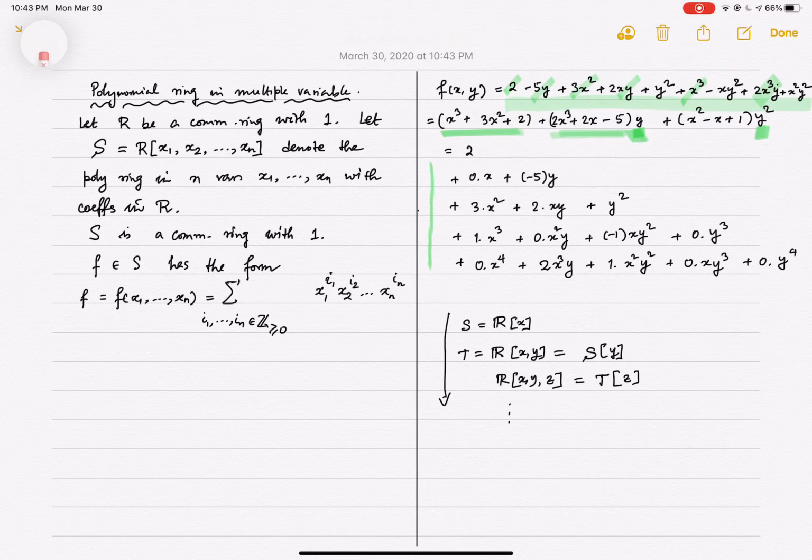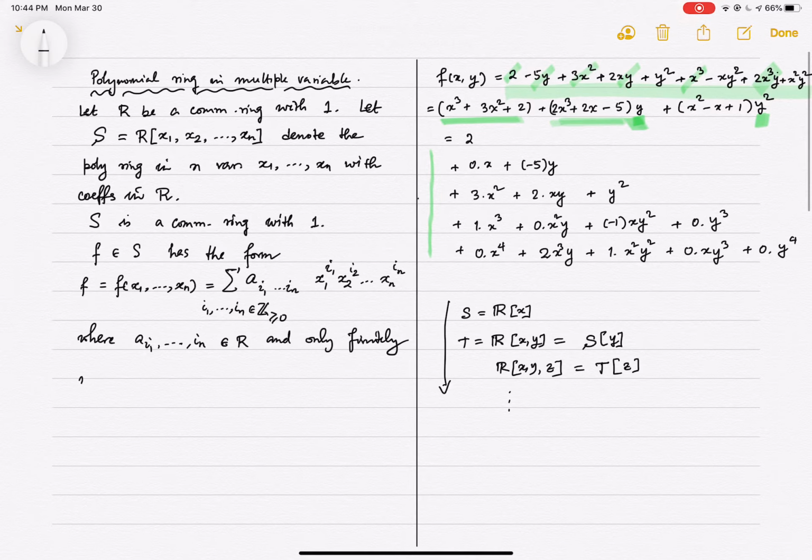And these coefficients are going to be some element of the ring R, and they're going to depend on all these indices. So I'll write it as a_{i1,i2,...,in}, where a_{i1,i2,...,in} belong to R, and only finitely many of these are non-zero. So it's really a finite expression, even though I've written the sum over all non-negative integers. That's what a typical polynomial looks like.